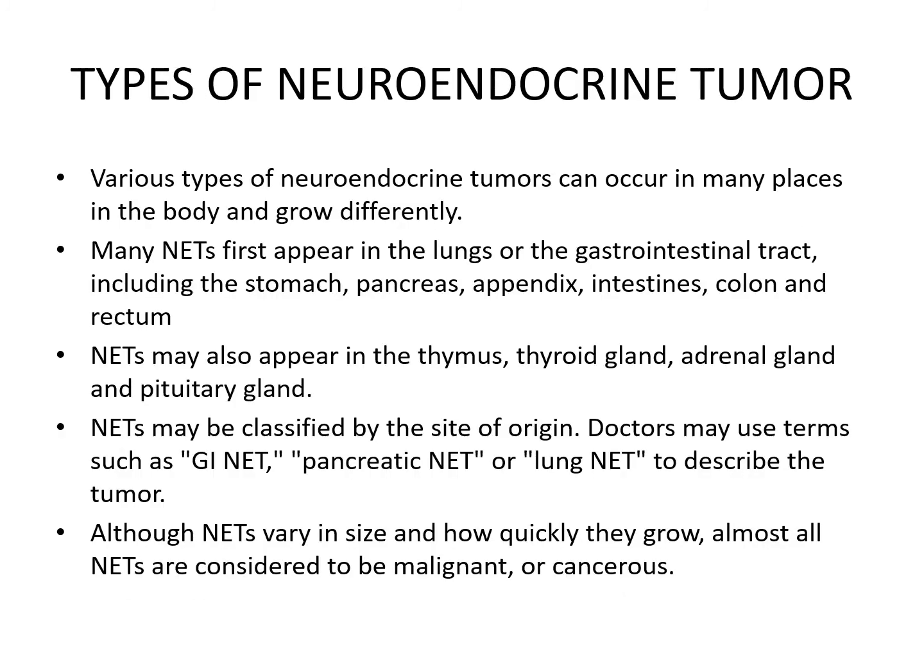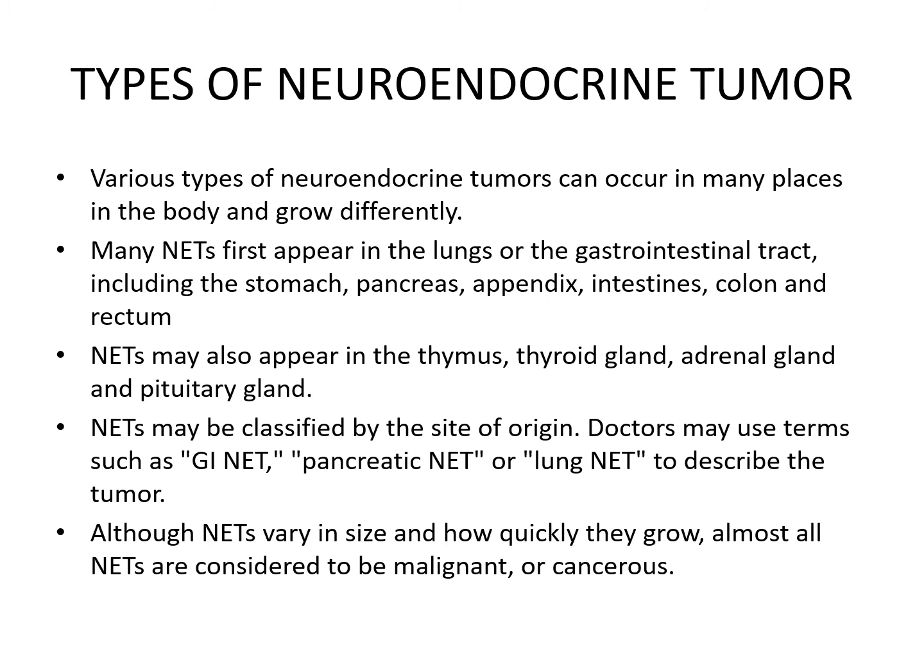Types of NET: various types of NET can occur in many places in the body and grow differently. Many NET first appear in the lung or the GI tract, including the stomach, pancreas, appendix, intestine, colon, and rectum. It may also appear in the thymus, thyroid gland, adrenal gland, and pituitary gland.